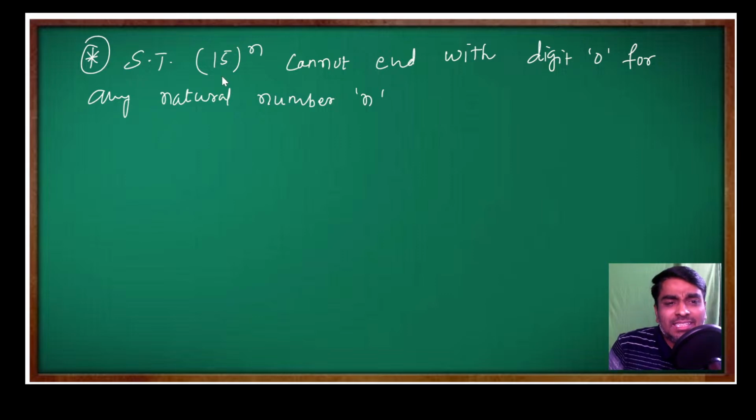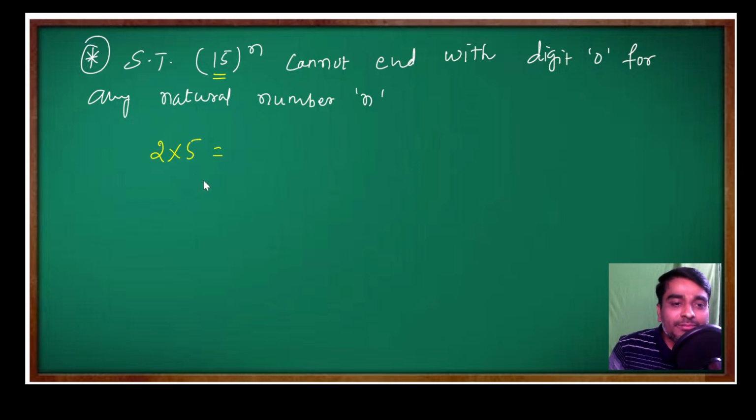See, this 15, if you split this, correct. I have to show this cannot end with 0. It is 3 into 5 and doesn't contain 2 into 5. Correct. That's the reason. So the first step is, see, 15 to the power n will end with 0 if it is multiplied like this.